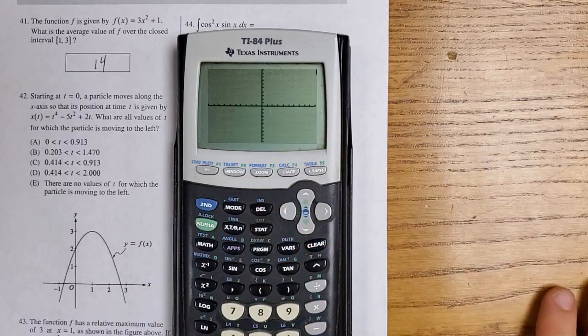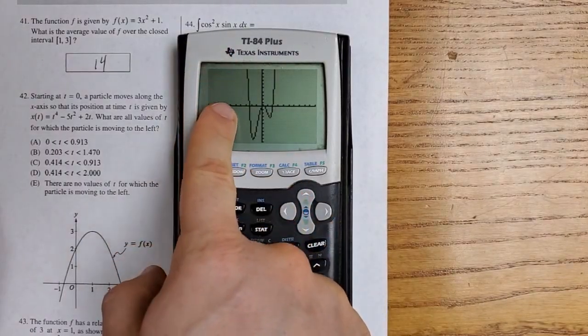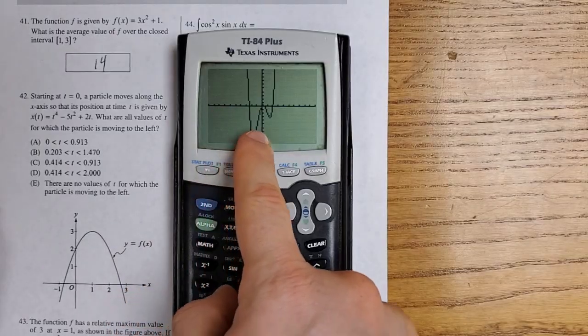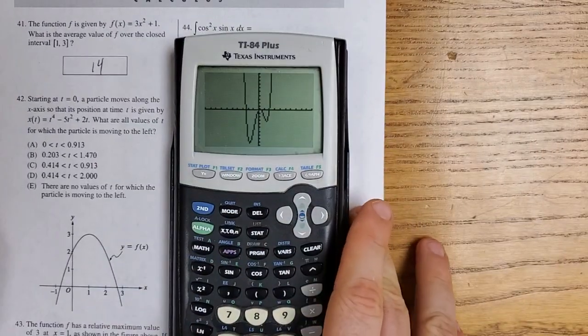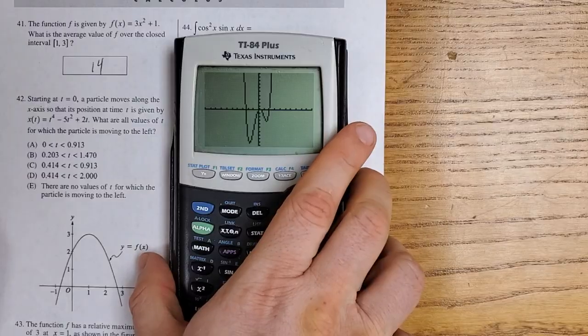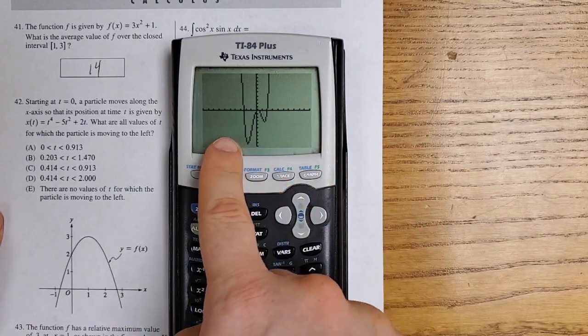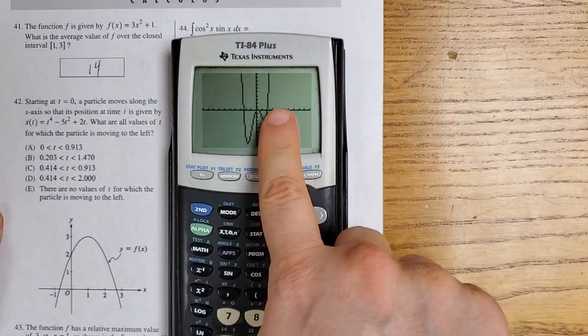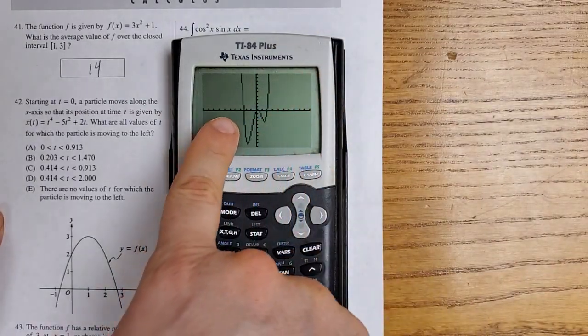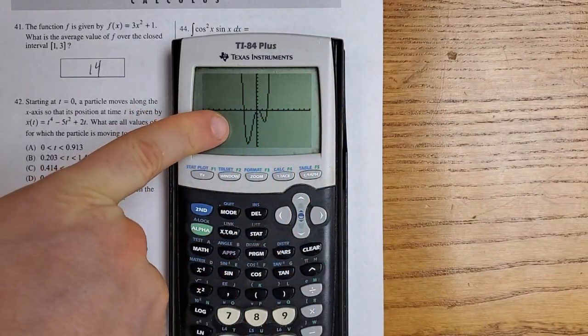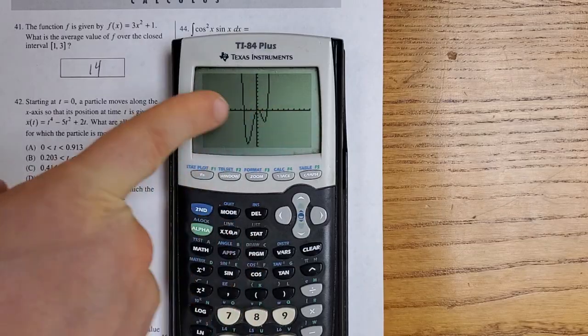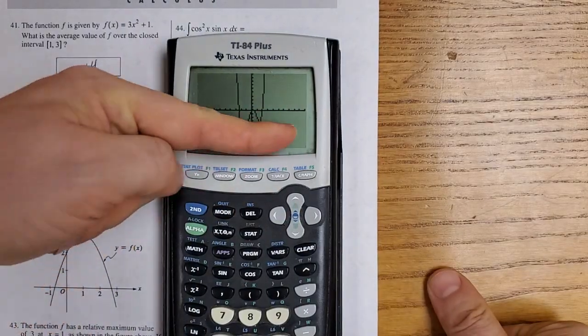So we can go to the graph, and you can see it does a thing. It's going down and up and down and up again. In terms of this, time is this way.